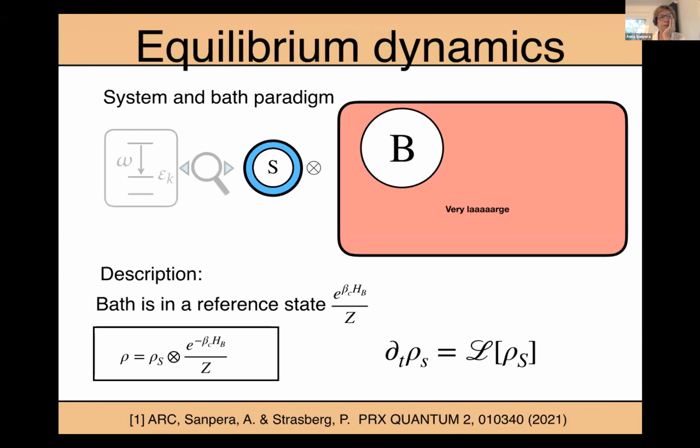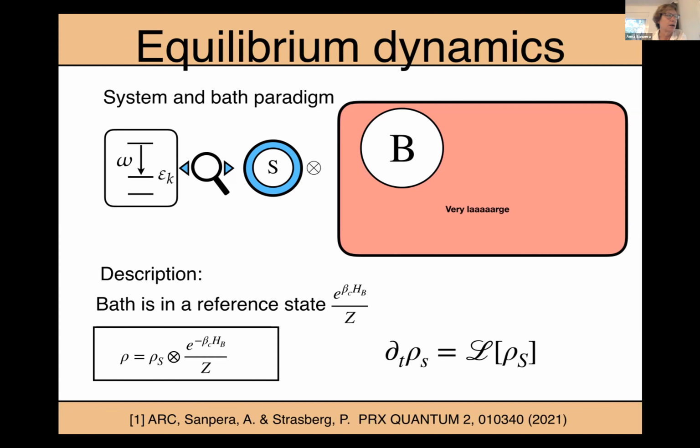Okay, so in equilibrium dynamics, the ones that we are normally doing, we know that we have a system and a bath, and the paradigm is that we have access to the degrees of freedom of the system. We know it very well, but the bath is very large, and therefore we don't have any access to it and we are not interested. So how do we describe that? Well, we put the bath in a reference state, which is at a given temperature.